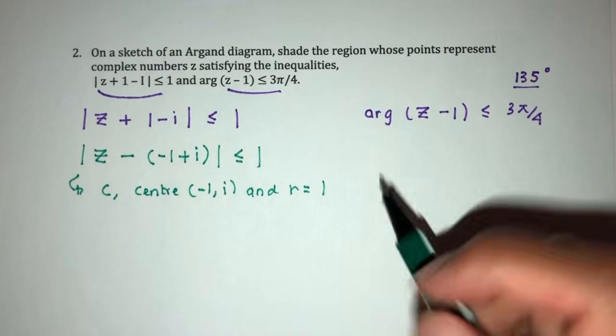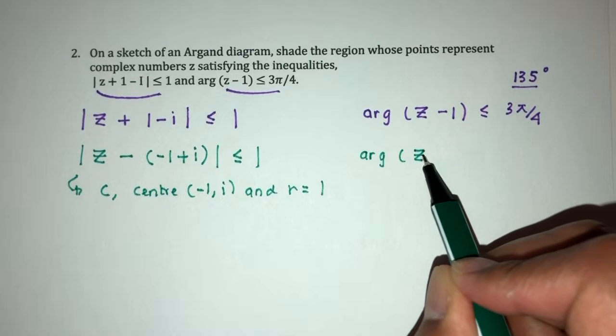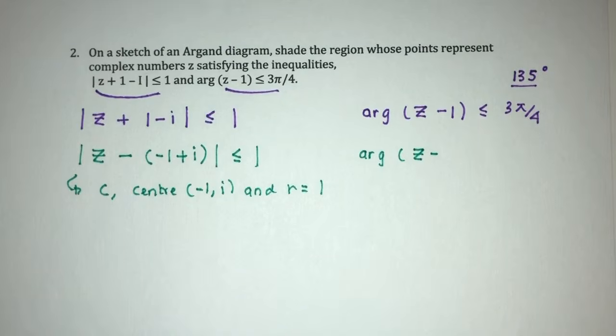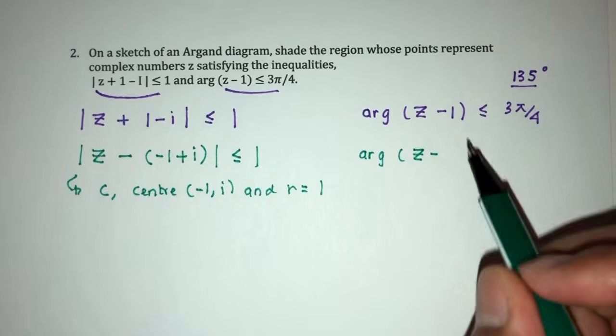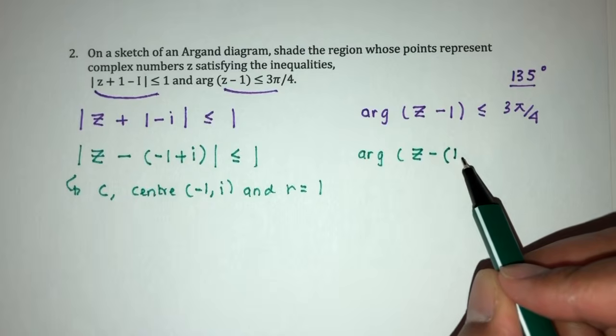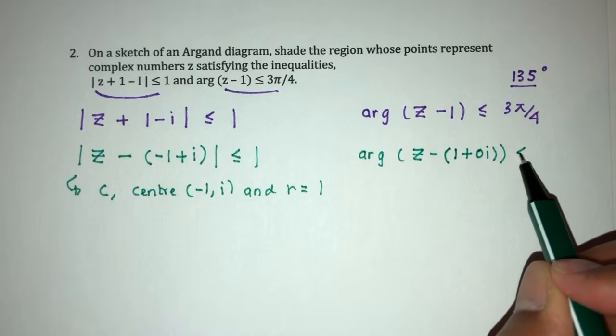Now let's rearrange. We have to write this down as this. So we have z minus, obviously we like the minus in this condition when we have to draw arguments or modulus of complex numbers. And here we have to find the point, which will be 1 plus 0i. This will be the point.